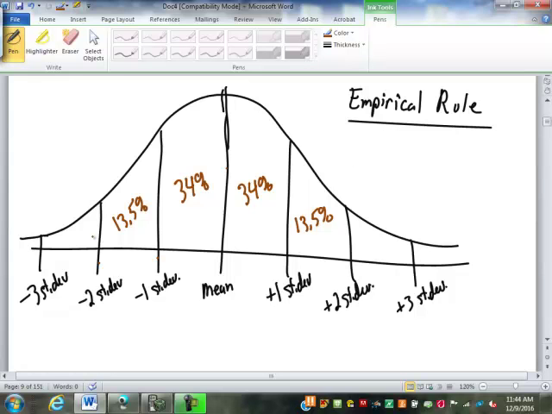Between 2 and 3 standard deviations on either side is 2.35%. And beyond 3 standard deviations on each side is only 0.15%.